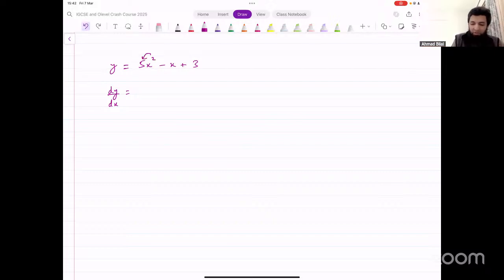You multiply by the power 5 times 2, subtract 1 from the power, it becomes x power 1, minus x. What's the derivative of minus x when it's x power 1? The derivative is just the constant that's multiplying outside. What's the number outside? There's no number here that's multiplying with x. We can say this is minus 1 times x, right? So the derivative is going to be minus 1 here.